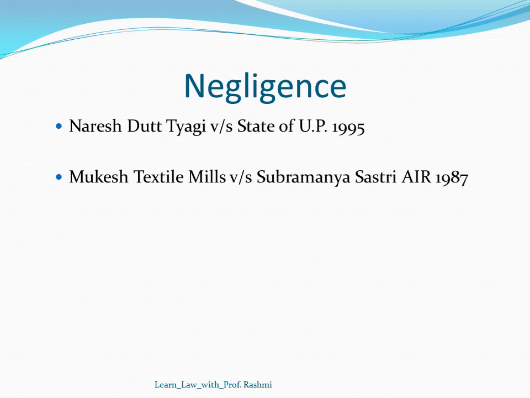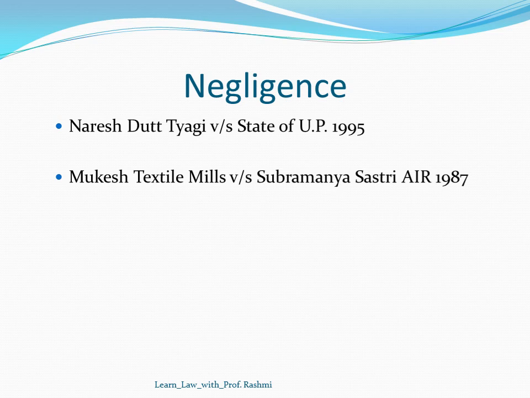So these fumes emanated in the society around this area through the ventilators, and resulted in the death of 3 children and 1 infant in the womb of a mother. So it was held to be a clear case of negligence.